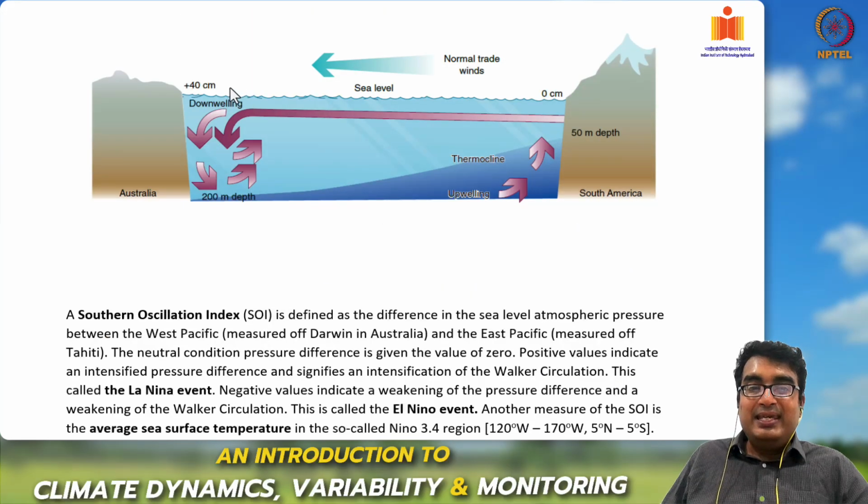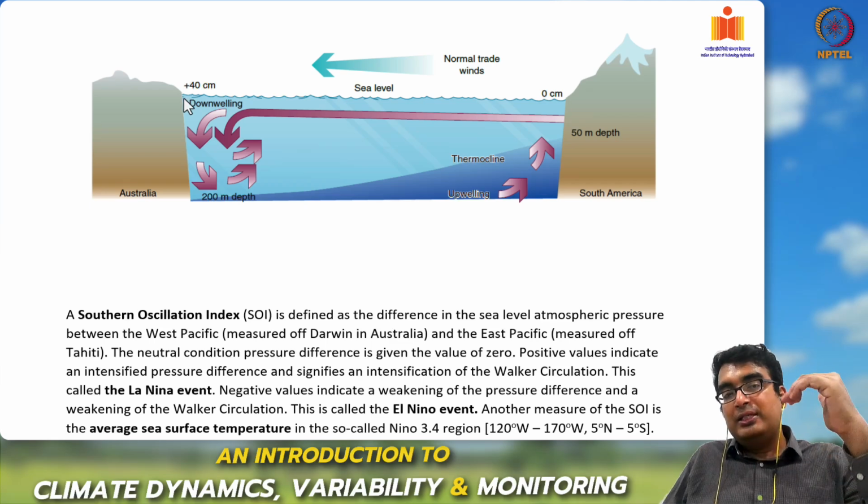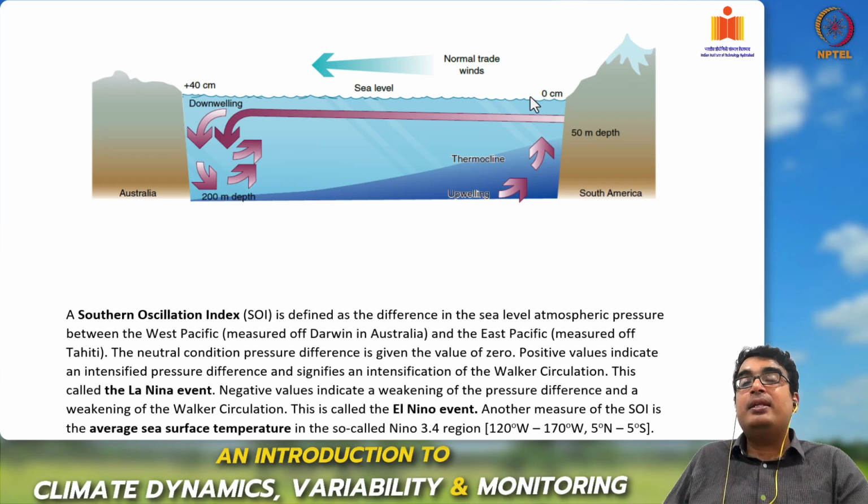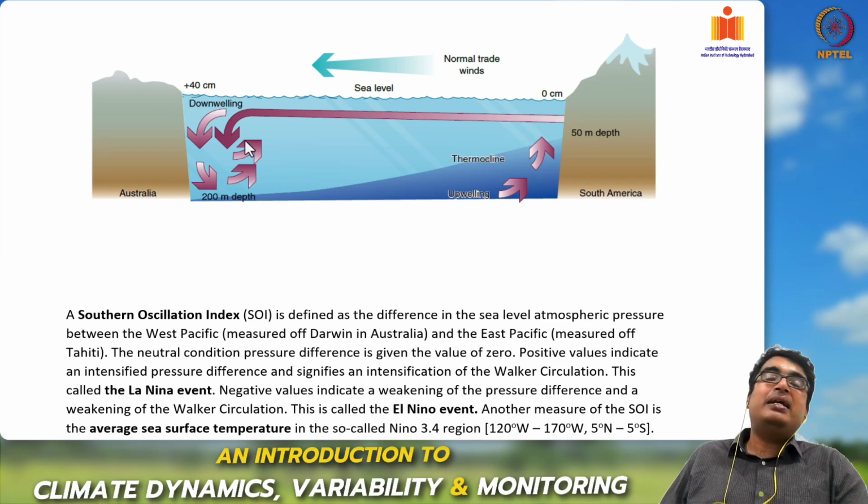So you can see here also that the sea level is 40 centimeters higher in altitude compared to the East Pacific region because of the movement of mixed layer waters from the east to west driven by the normal trade winds. As a result, upwelling is happening and the mixed layer is thinner in the East Pacific and thicker in the West Pacific.